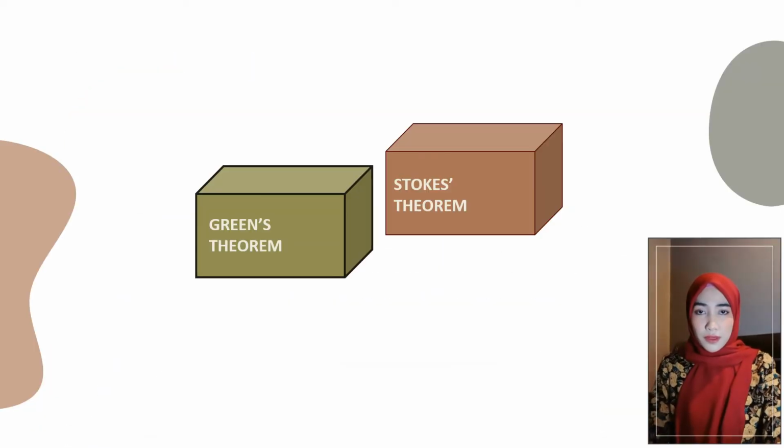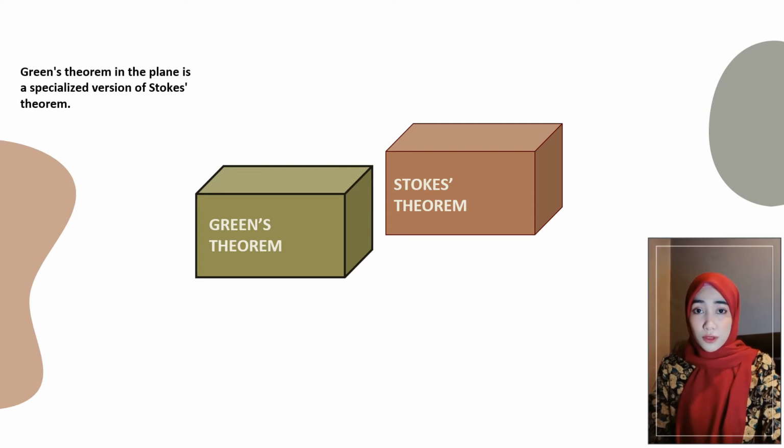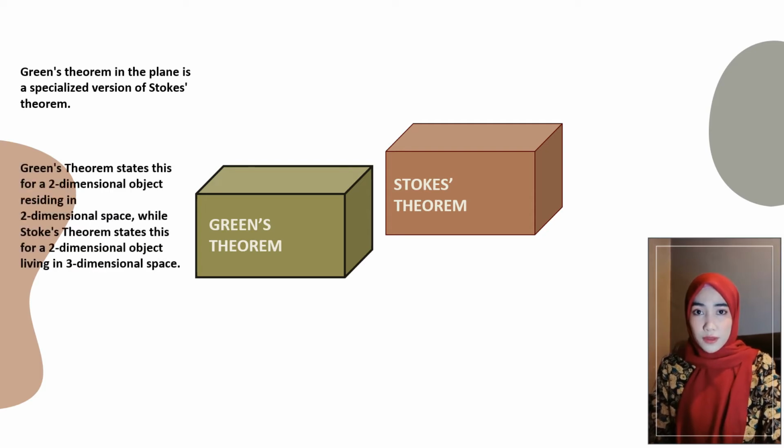The similarities and relationship between Green's theorem and Stokes' theorem. Green's theorem in the plane is a specialized version of Stokes' theorem. Green's theorem states this for a two-dimensional object residing in two-dimensional space, while Stokes' theorem states this for a two-dimensional object living in three-dimensional space.